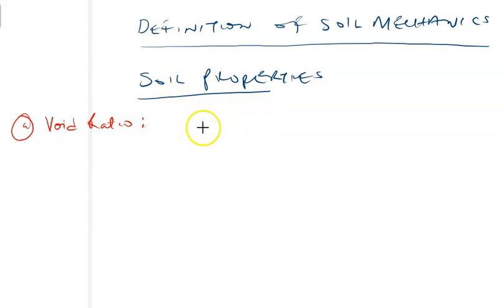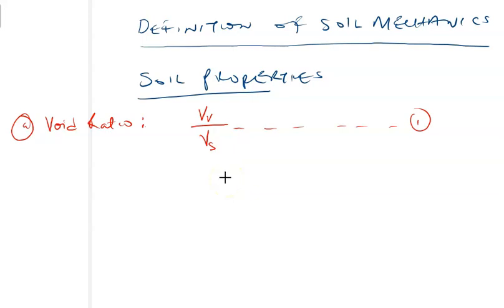Void ratio is the volume of voids, VV, over volume of solids, VS. Call this our equation 1. That is the volume of voids to the volume of the solids of the soil.